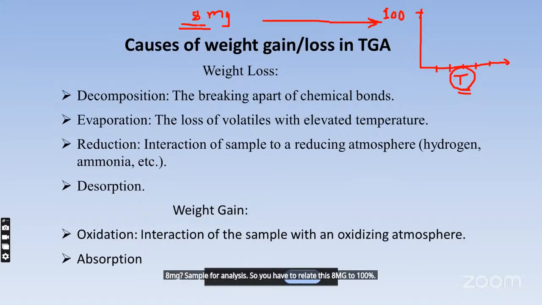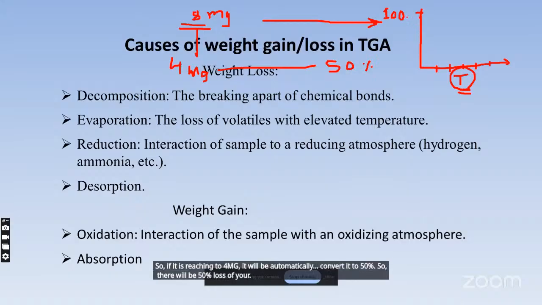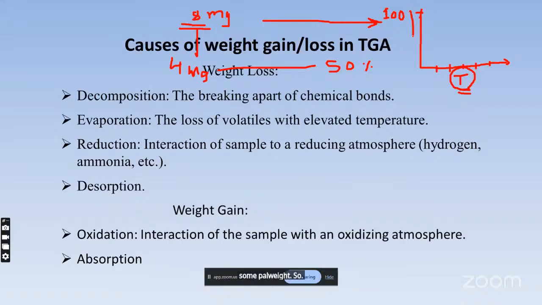After reaction, this 8 mg may get reduced to 4 mg, 5 mg or 2 mg, depending on the chemical reaction. If it reaches 4 mg, it is automatically converted to 50%, so there is a 50% loss of your sample weight. This is a relative quantity that we plot on the y-axis. So the initial weight will be 100%.